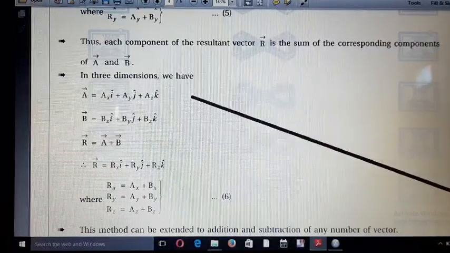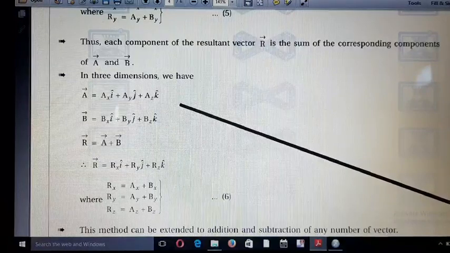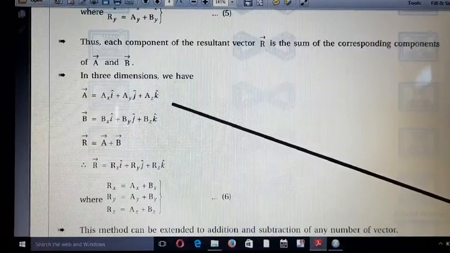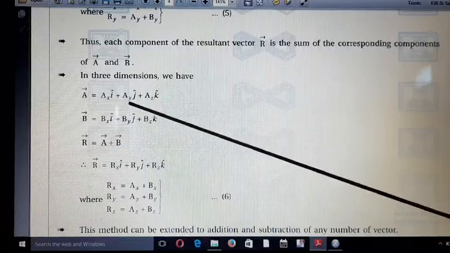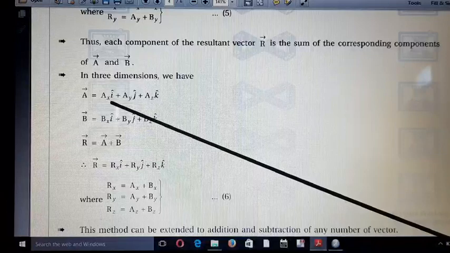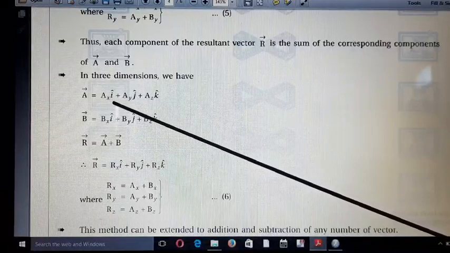Suppose now we assume vector a and vector b in 3 dimensions. The formula for vector a is a = ax i caret plus ay j caret plus az k caret, where ax is the x component, ay is the y component, and az is the z component of vector a.